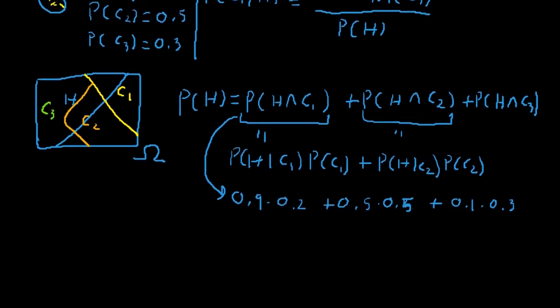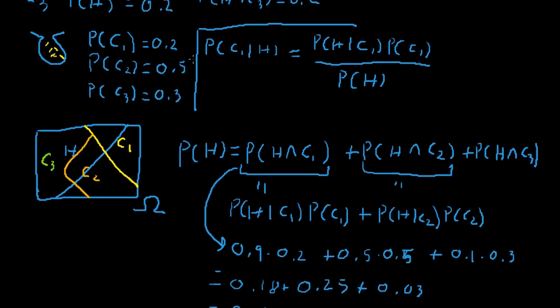This is equal to 0.18 plus 0.25 plus 0.03, which equals 0.46. That's more or less what we would expect, because the coin biased towards tails is slightly more likely to come up than the coin biased towards heads.